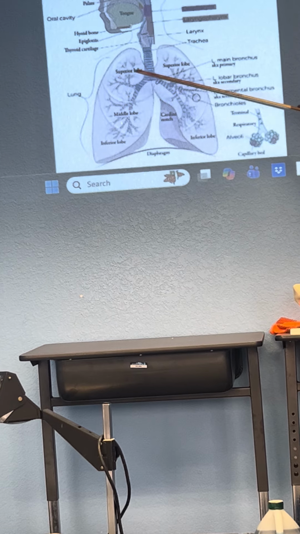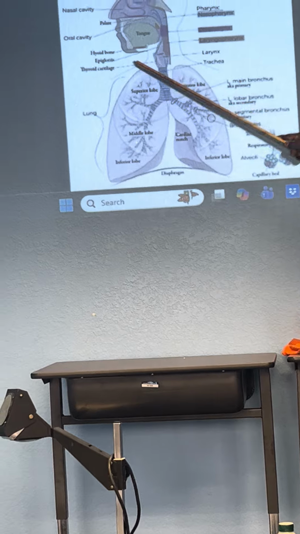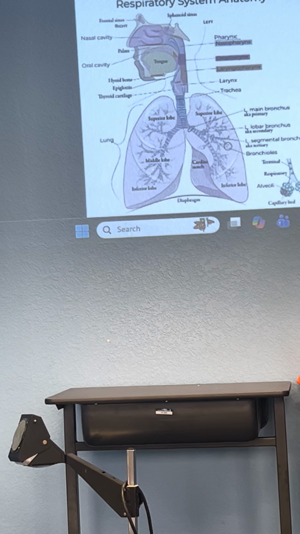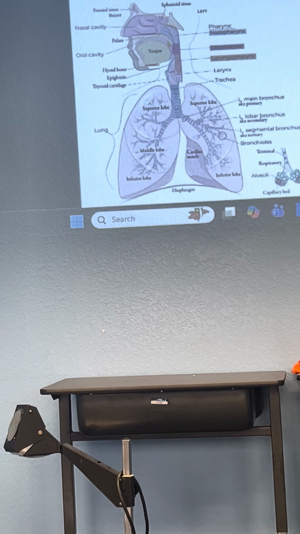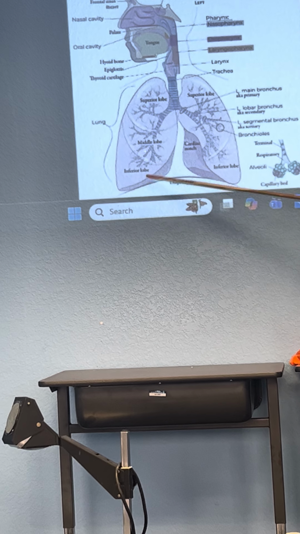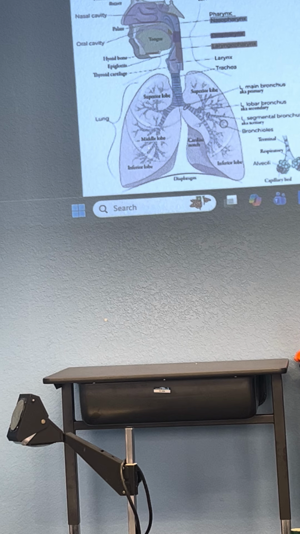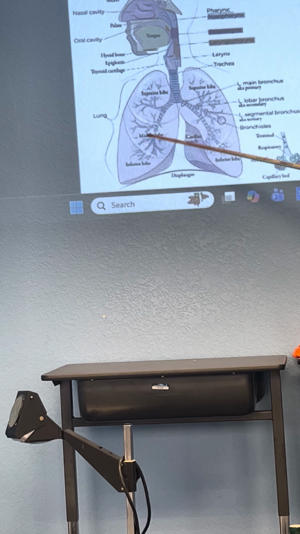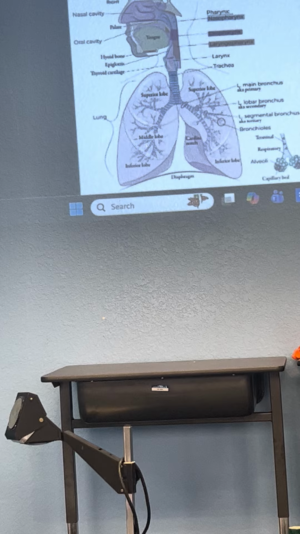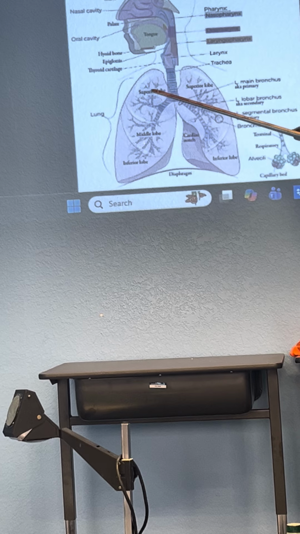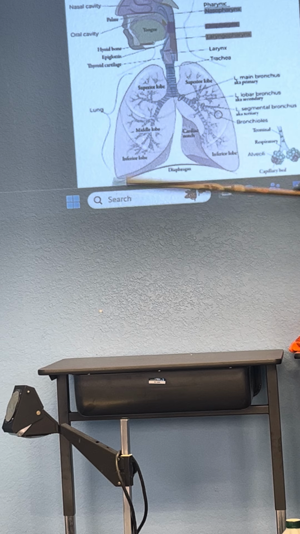This is the top. This lobe is called the superior lobe. Superior means upper. And this at the bottom is inferior lobe. Inferior means down, lower. And then the middle one is just called the middle lobe. They are all labeled in this diagram. You can see superior lobe, middle lobe, inferior lobe.